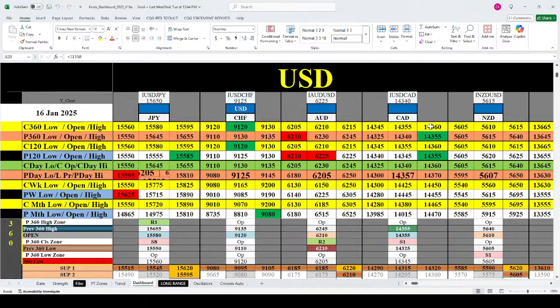So now we are into the dashboard. The dashboard says your current week high is 144.50, your previous week high is 144.55, which means the current week high is slightly lower than or equal to the previous week high.